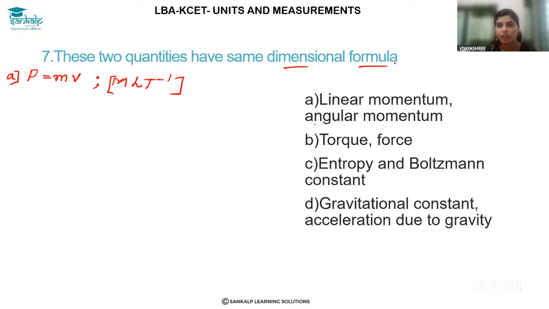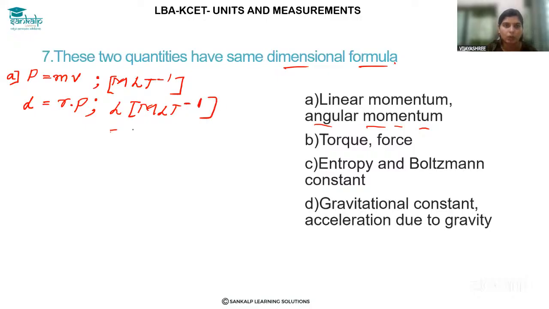Then what they have given? Angular momentum. Angular momentum we denote by capital L, which is equal to distance into linear momentum, R into P. R means it is a distance, so its dimensional formula is L. P means it is linear momentum, its dimensional formula we already determined, which is M L T raised to minus 1.